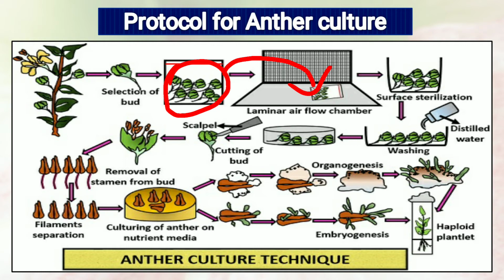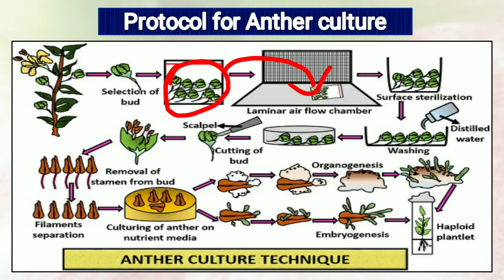Each flower bud contains 5 anthers, and these are normally surface sterilized within the closed buds. The flower buds are surface sterilized by immersion in 70% ethanol for 10 seconds, followed immediately by 10 minutes in a 2% solution of sodium hypochlorite, and they are washed 3 times with sterile distilled water.